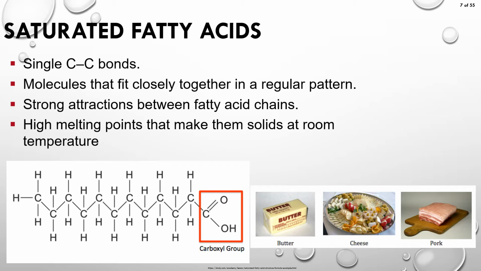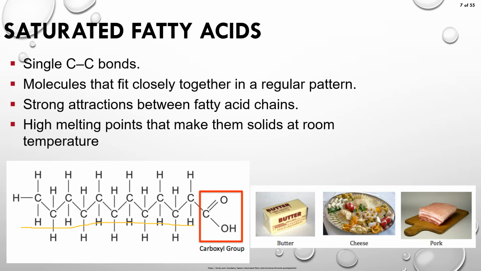Now, the simplest fatty acids are unbranched, linear chains of CH2 groups linked by carbon-carbon single bonds with one terminal carboxylic acid group. So here we have a straight chain, an aliphatic hydrocarbon chain.